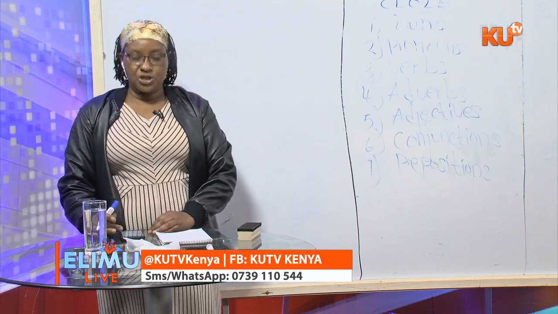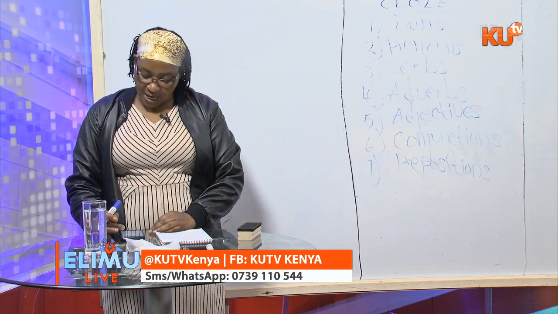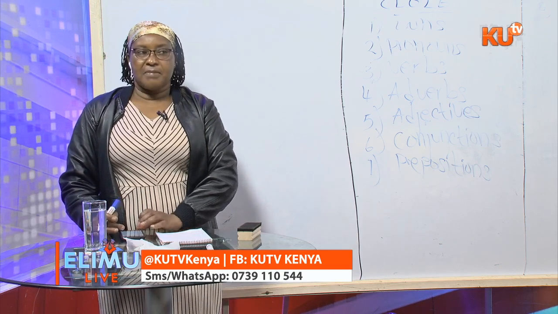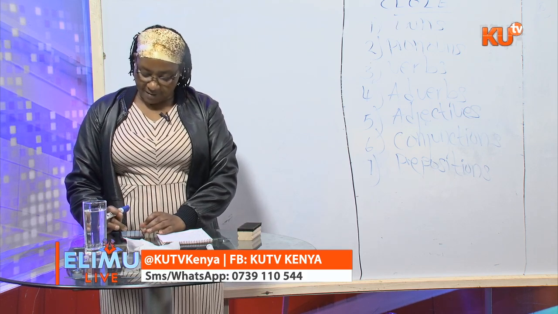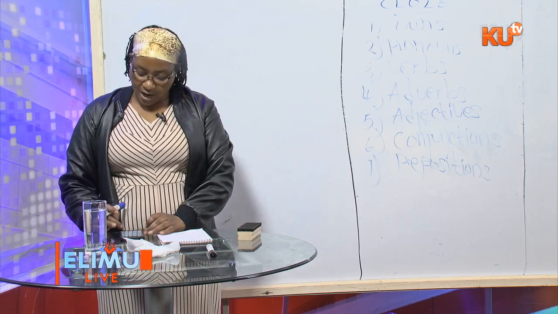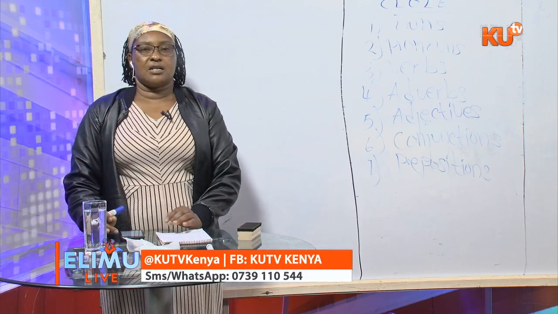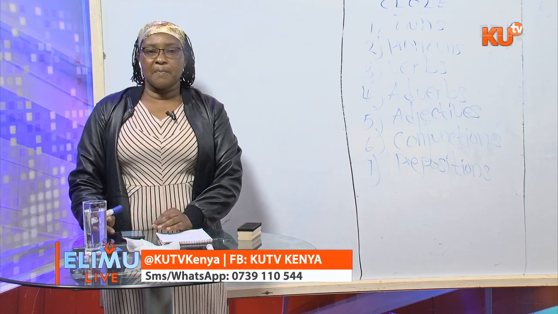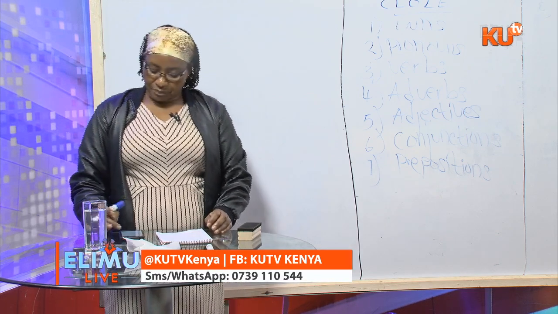Number 14, shopping. Number 15, wild animals. Number 16, occupations. And number 17, the world around us. Those are the topics which are taught in class 1, and the broken passage can be got from there.